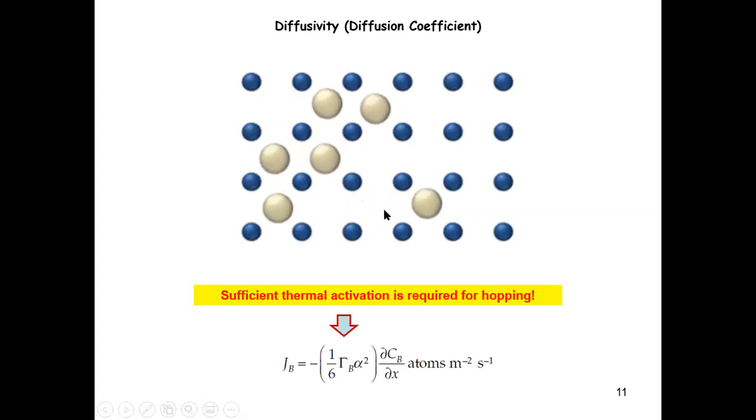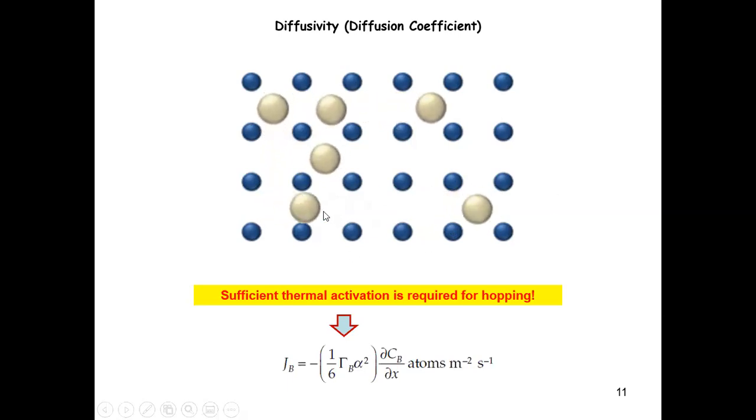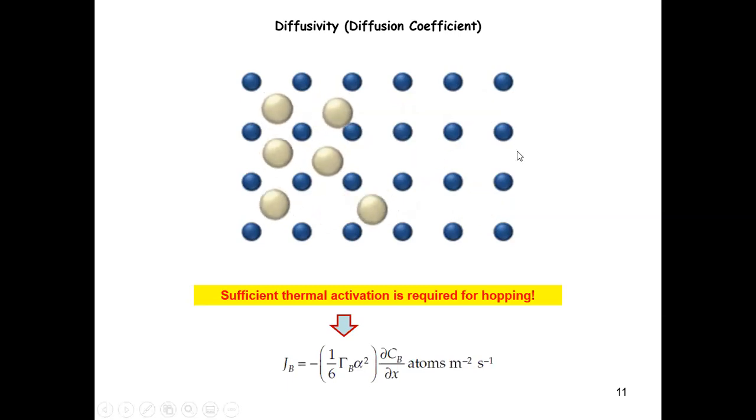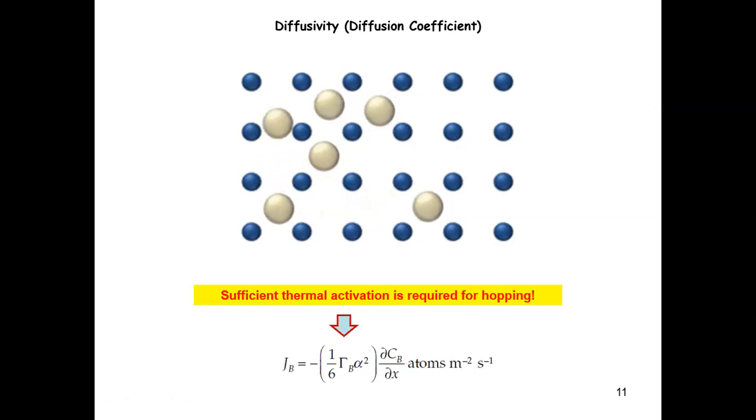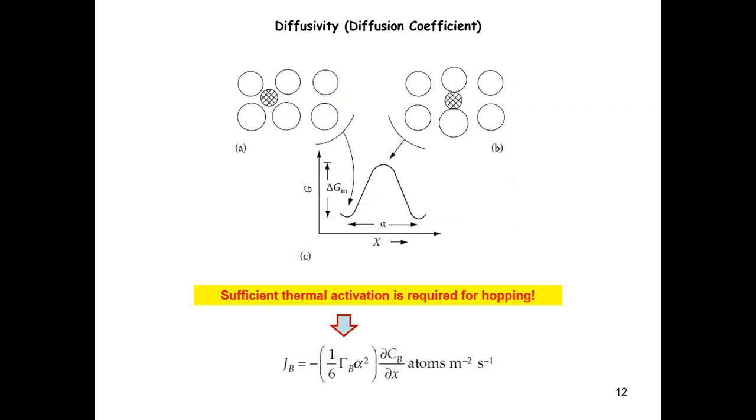Because as you clearly see, if the particles are doing stronger hopping, the chance that it can have a successful hop from one location to another will be much higher, and this is going to give you a larger diffusivity, which means they're going to transport faster, right? So the hopping rate is clearly an important factor to take into account. Now, what is the physics determining the hopping rate? If we take a closer look at these processes, right?